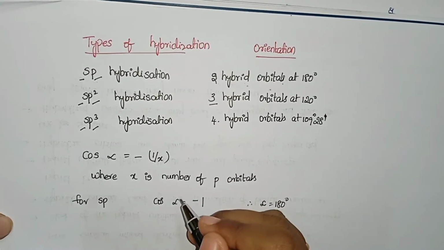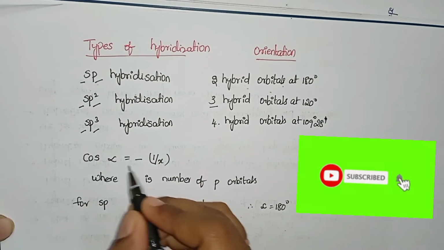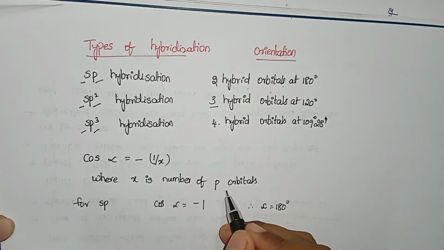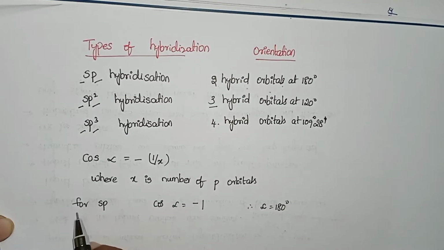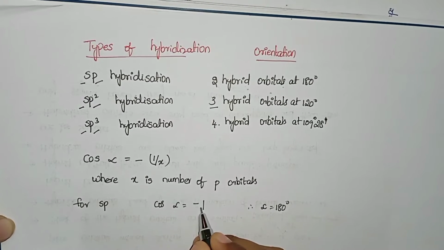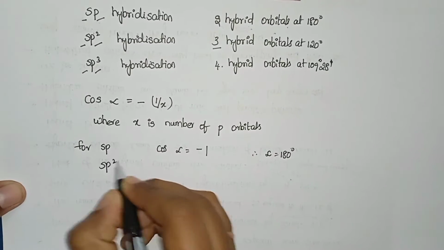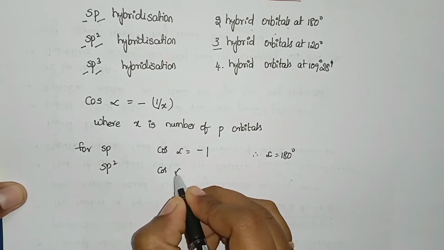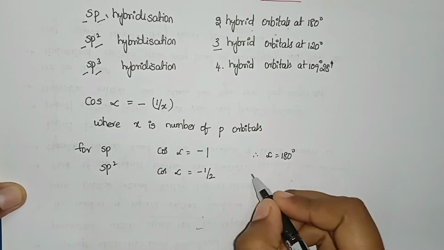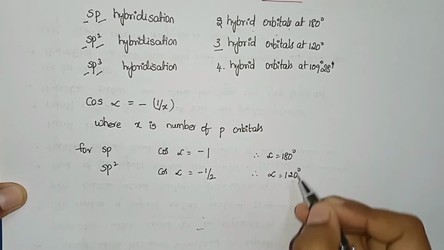The angle of hybrid orbitals is derived by cos θ is equal to minus 1 by x, where x means the number of p orbitals. For example, for sp, cos θ is minus 1, the angle is 180 degrees. Next, sp2: cos θ is minus 1 by 2, the angle is 120 degrees.